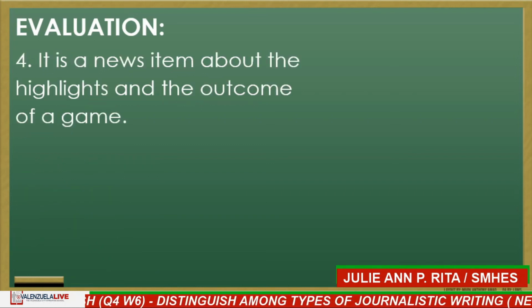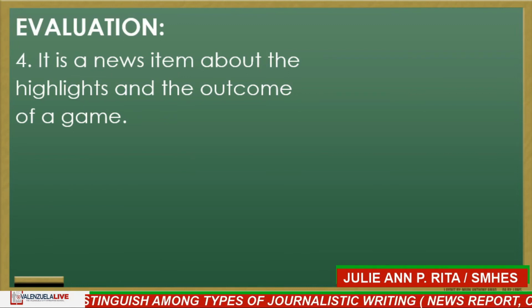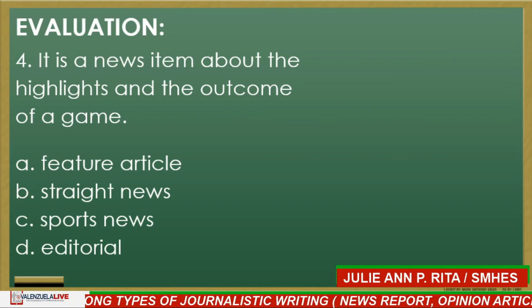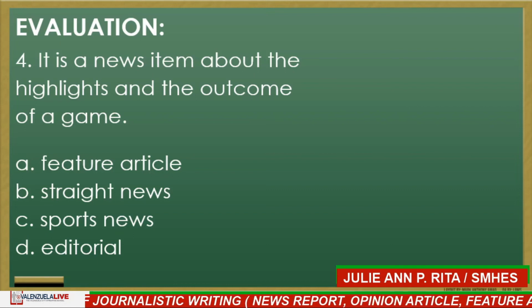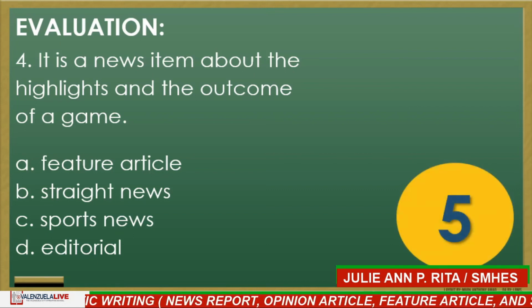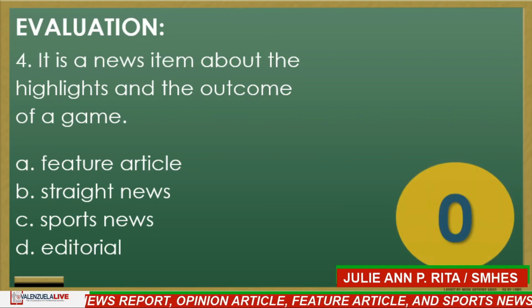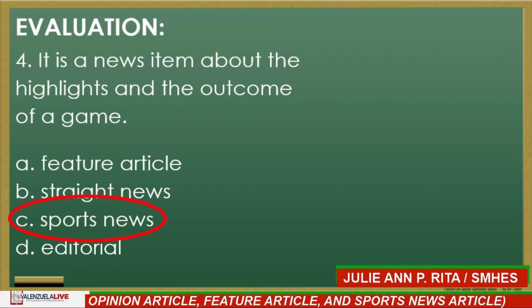Number 4, it is a news item about the highlights and the outcome of a game. Is it A, feature article, B, straight news, C, sports news, or letter D, editorial? Fantastic! The answer is letter C, sports news.